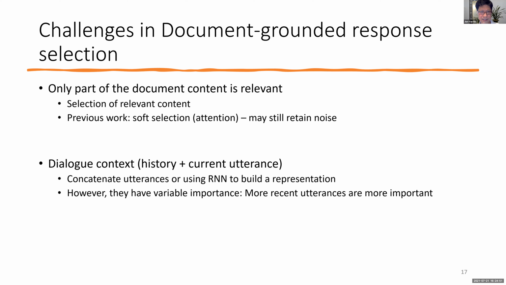But in the previous studies, the selection is typically based on the attention mechanism, which will try to weigh different sentences in the document. And you can imagine that you have quite a strong weight on the most relevant part, but you can also see a lot of small weights spread out on other irrelevant parts.